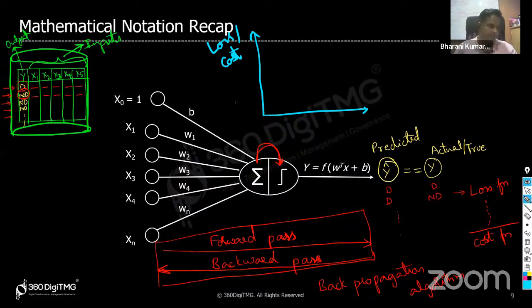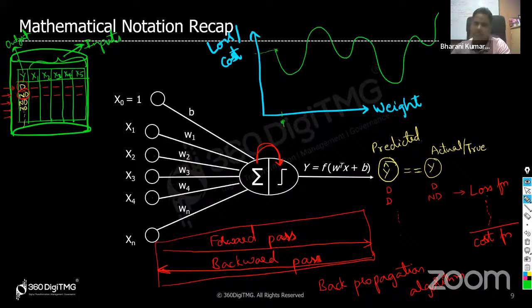And let's take one weight. Some weight was, say, randomly assigned. For that, say you got some loss, some error, assume. And usually, the loss function would appear somewhat like that.